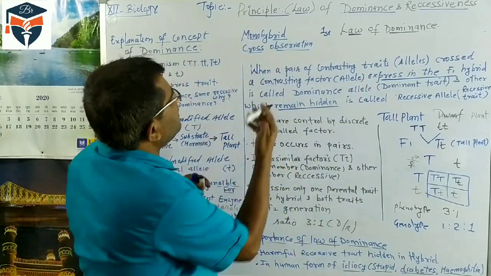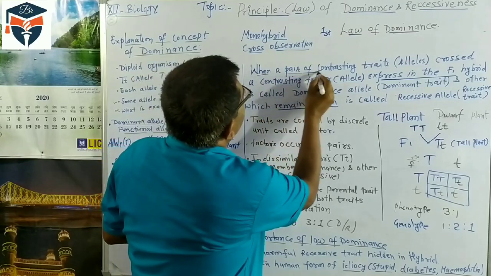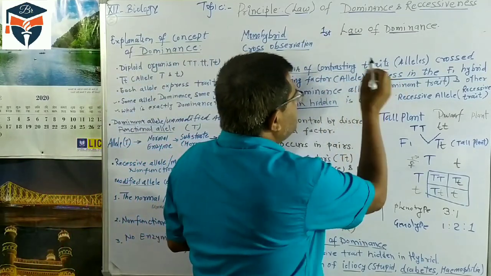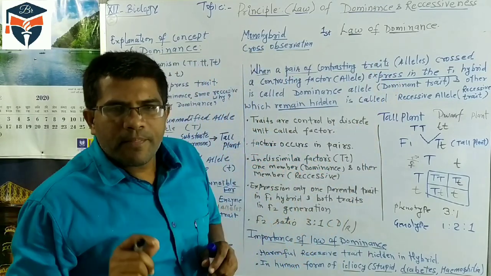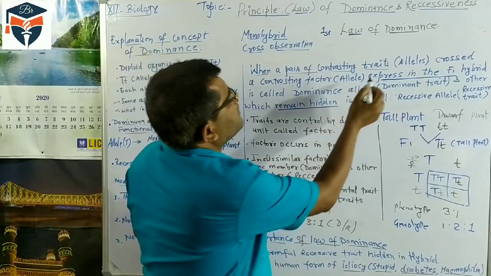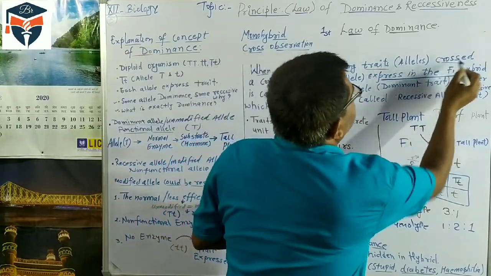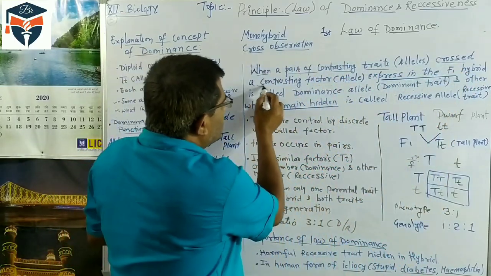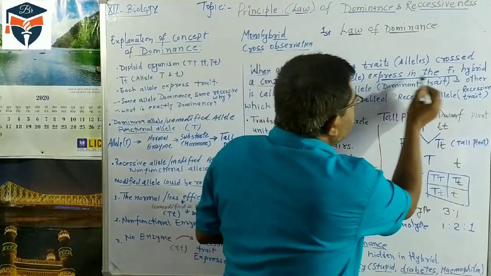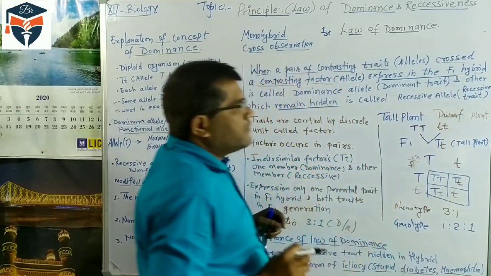When a pair of contrasting traits are crossed, a contrasting factor, that means an allele, is expressed in the F1 hybrid.